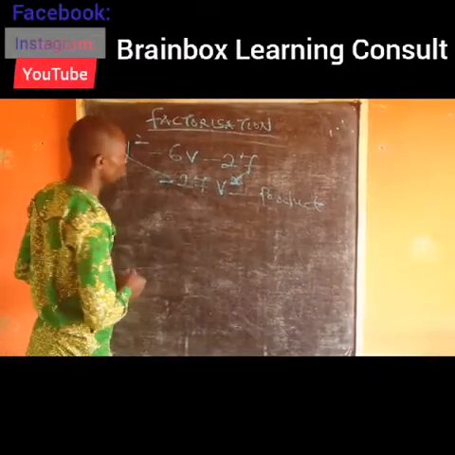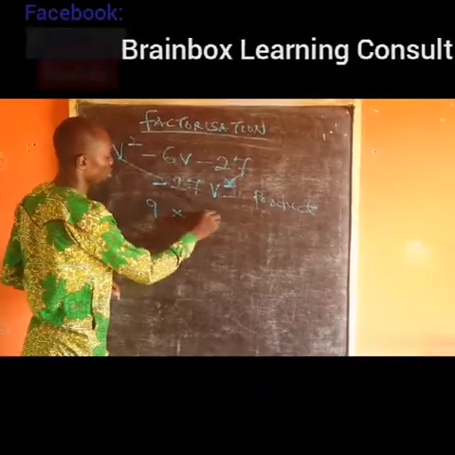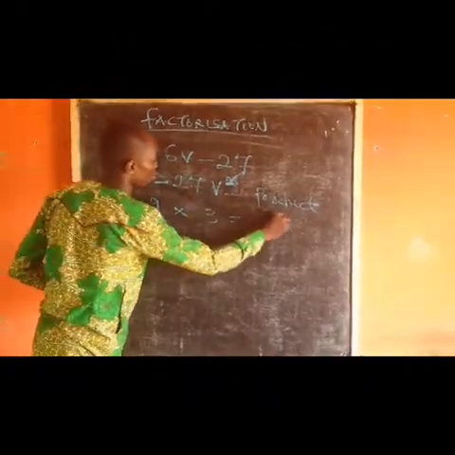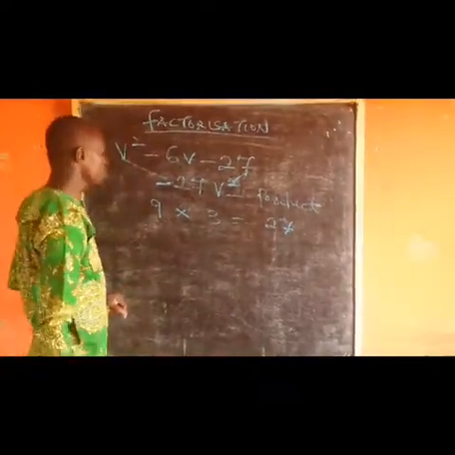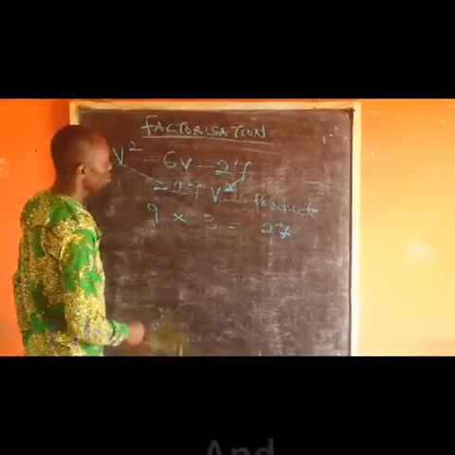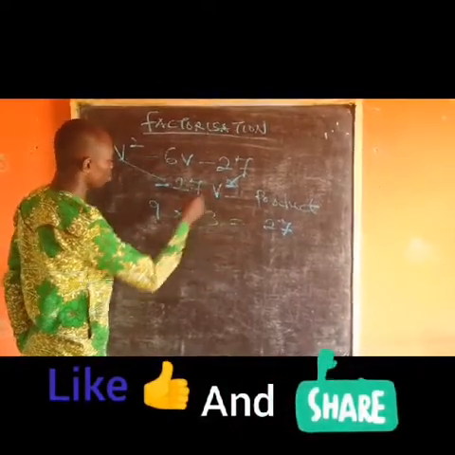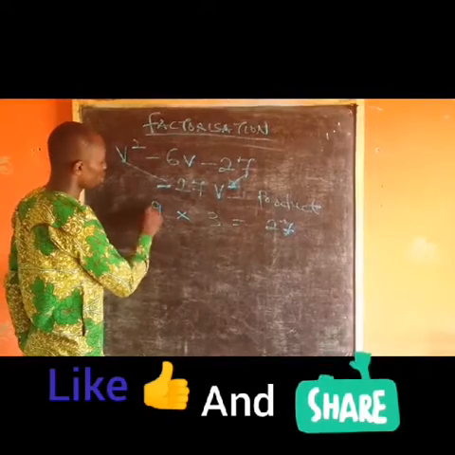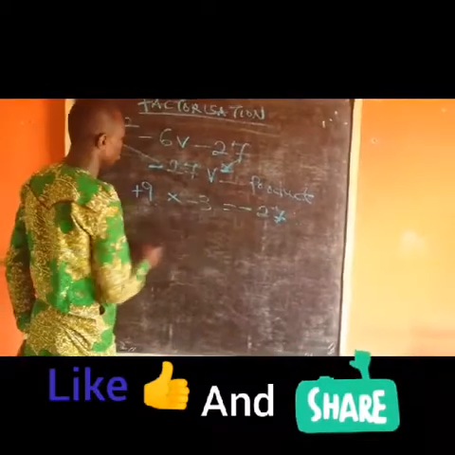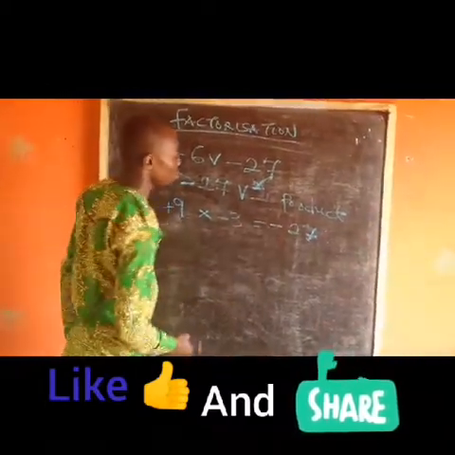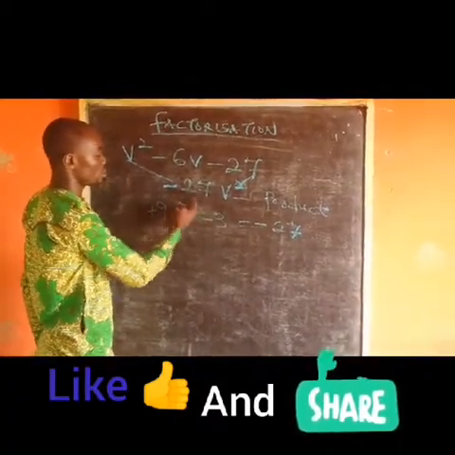Let's pick values. I know that 9 and 3 will give us 27. If I say plus 9 minus 3, plus times minus, we are going to have minus. 9 times 3, we are going to have minus 27.